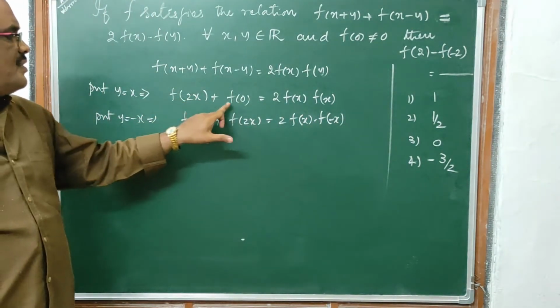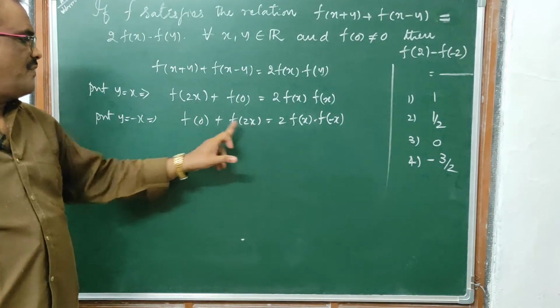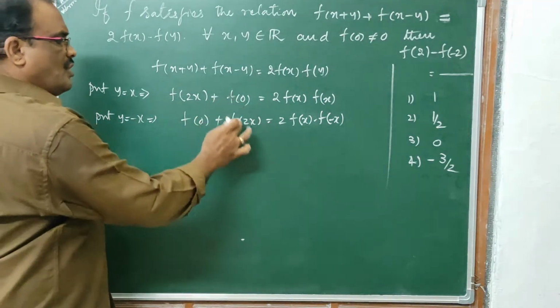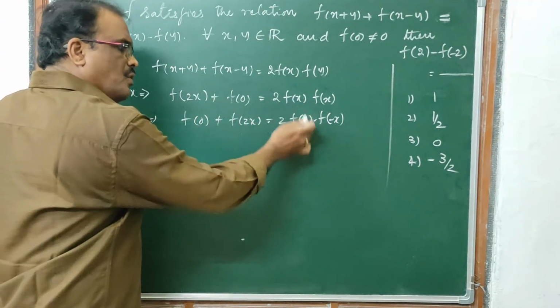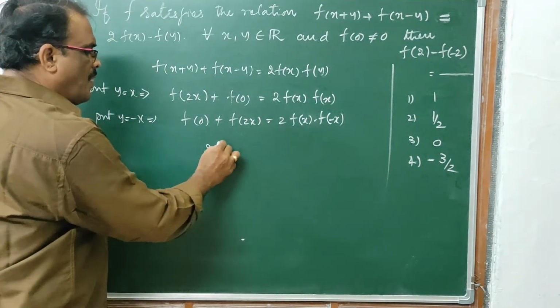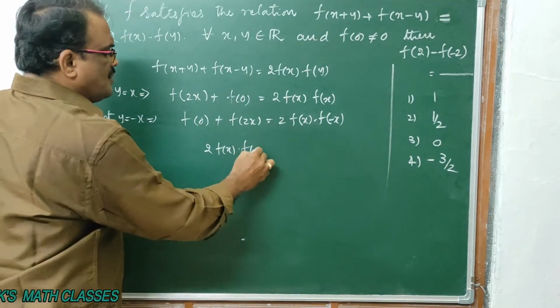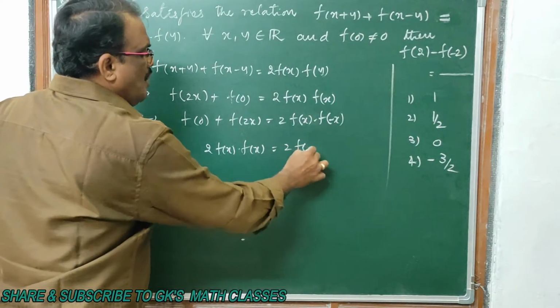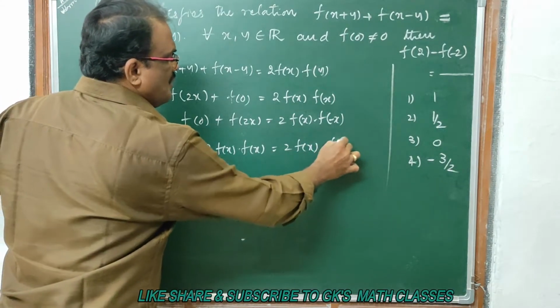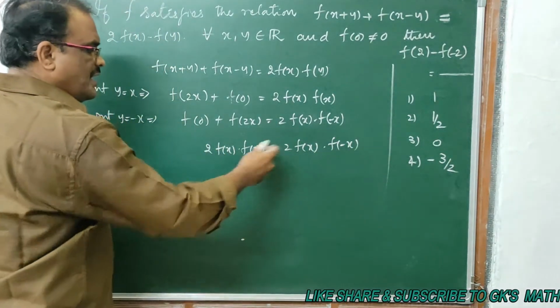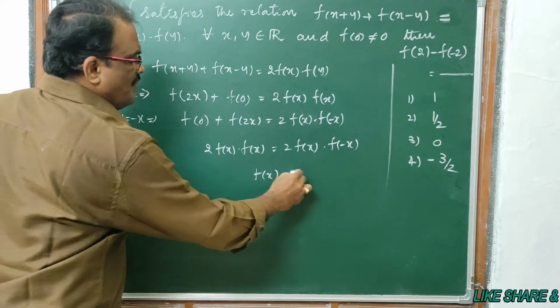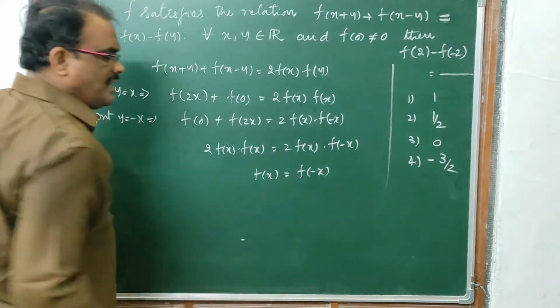Compare f of 2x plus f of 0, f of 2x plus f of 0. Both are equal on the left hand side. So both should be equal on the right hand side. 2f of x into f of x is equal to 2f of x into f of minus x. If it gets cancelled, we get f of x is equal to f of minus x.